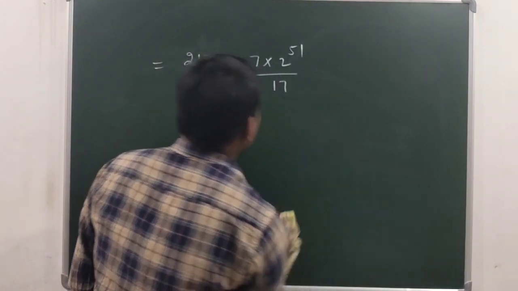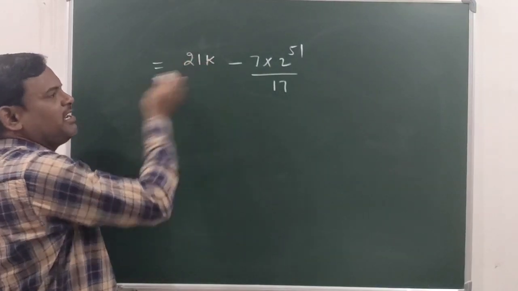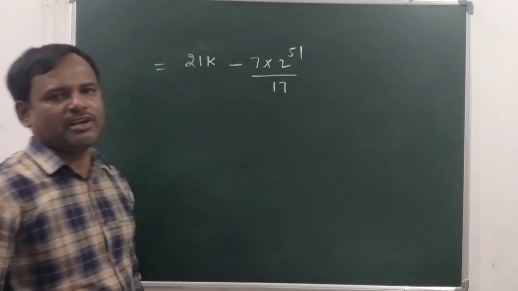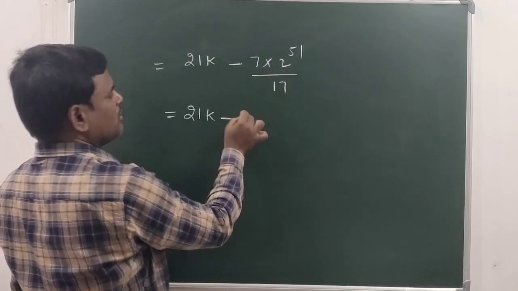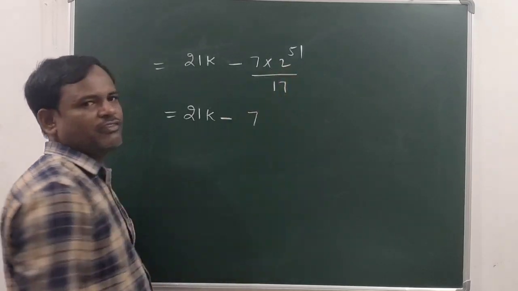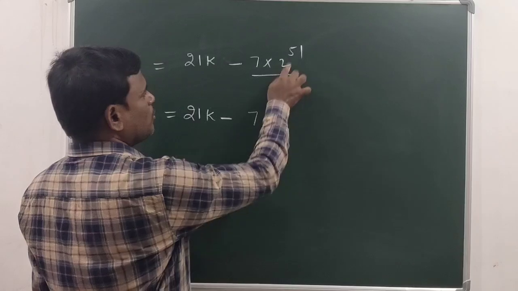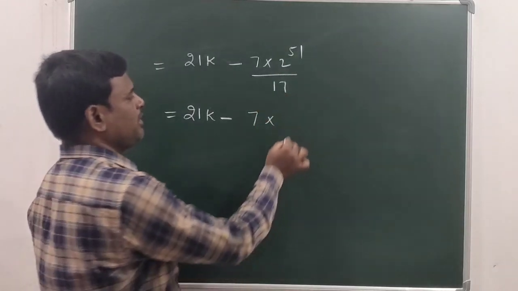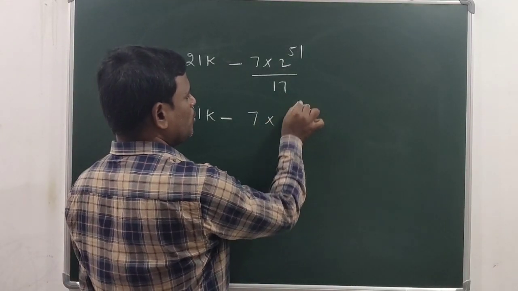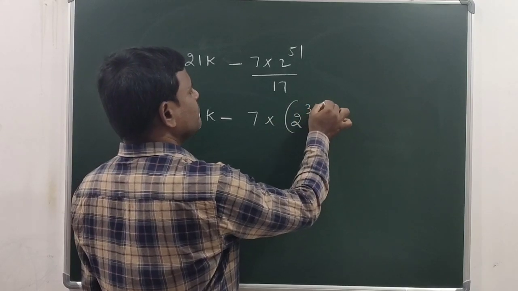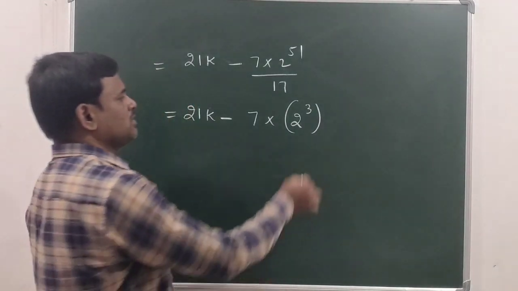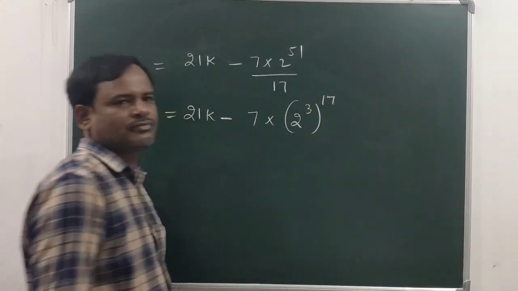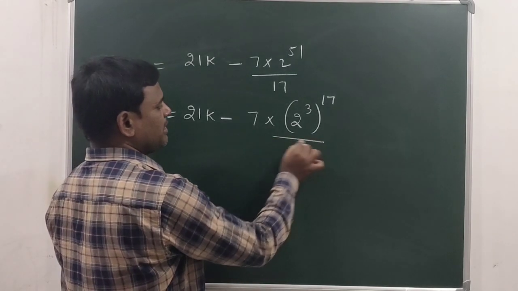Right? Now see students, this is an integer. Leave it. Just think about this. From here you will get the remainder. See, 21k is an integer. Now this 7 into 2 power 51, I would like to write 2 cube whole power 17, by 17.